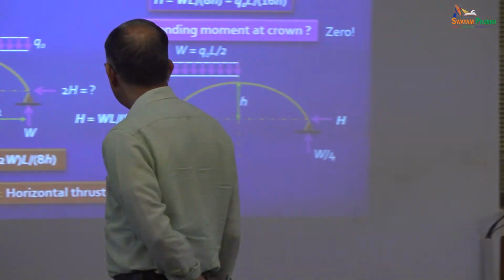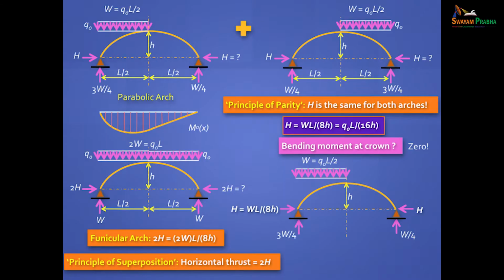That's how people did it. So if you do that, and we'll come to that, you will find that this is the free bending moment diagram. You're right, this part will be parabolic, this will be straight. Right?